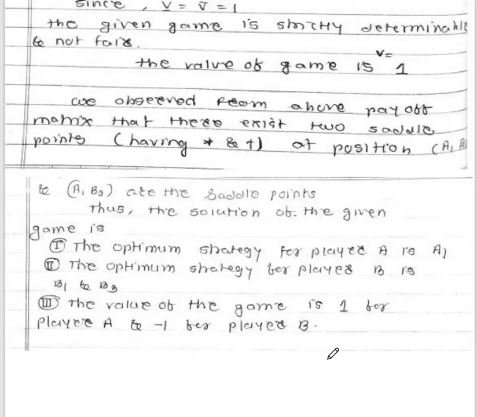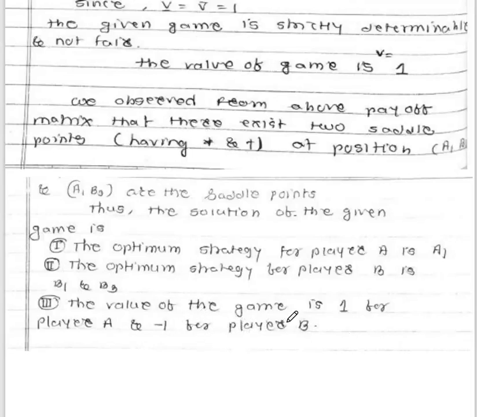The value of the game is 1 for player A and -1 for player B. This is the gain of player A and this is the loss of player B.